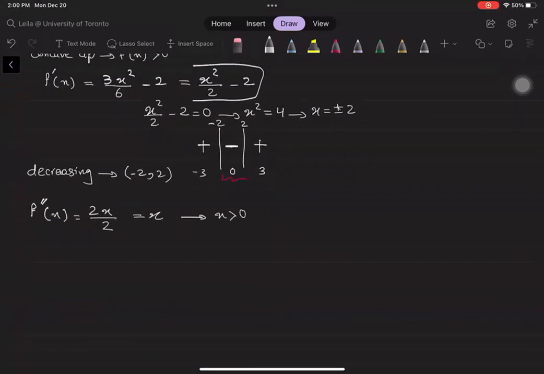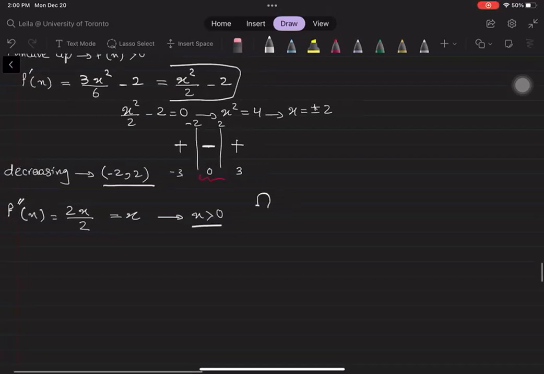And since you want both of these to be satisfied, you're going to take the intersection of them. So your x is going to be from 0 to 2. So the open interval is from 0 to 2.